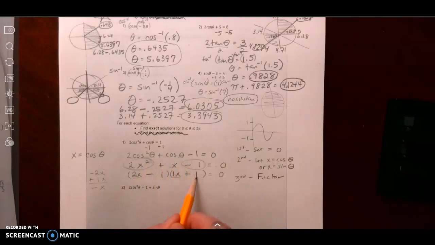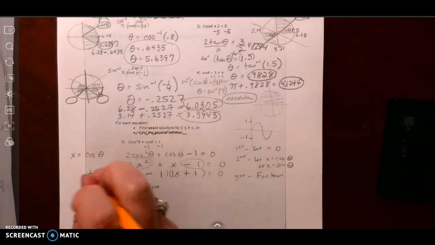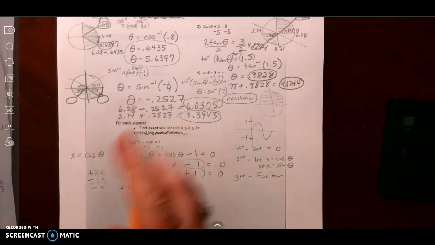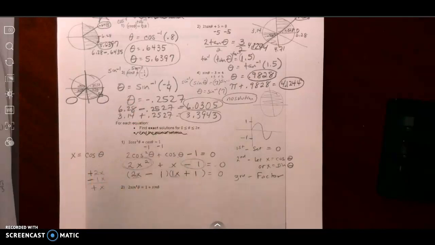2x times 1 is positive 2x, and negative 1 times 1x is negative 1x. 2 minus 1 is positive x. That's what I want. And then I know that I have factored correctly.